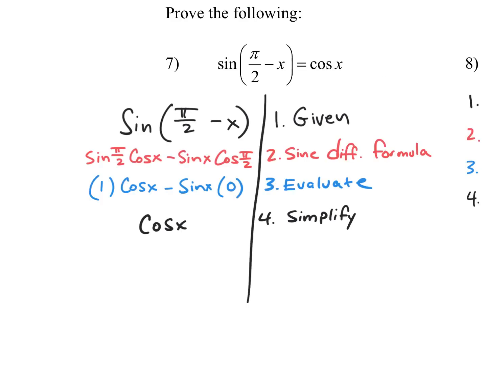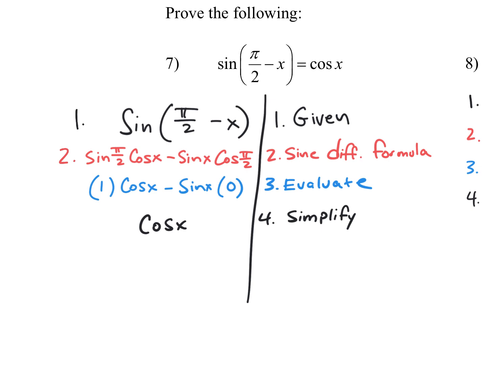So both of these proofs end up being pretty simple. Thinking about how to choose which side on number 7, well, there's not much going on the right-hand side. It's just cosine. Left-hand side, we have moves that we can make. So the moves I made here, let me just number them so you can track along with me. That first one, that's our given information.